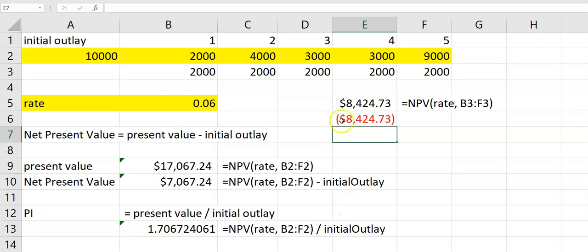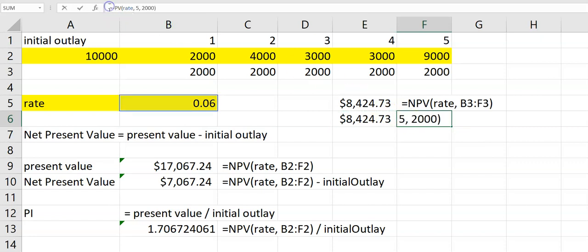Well, it comes out negative because present value needs to have a negative thing in the formula. But I get the exact same number. That's because NPV does not give you the net present value. It just gives you the present value.